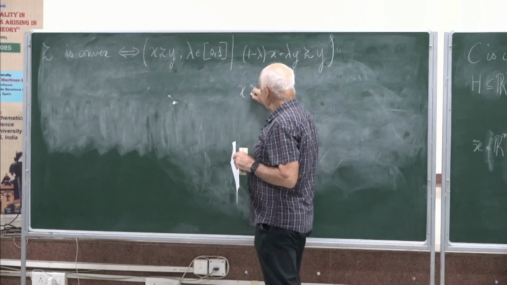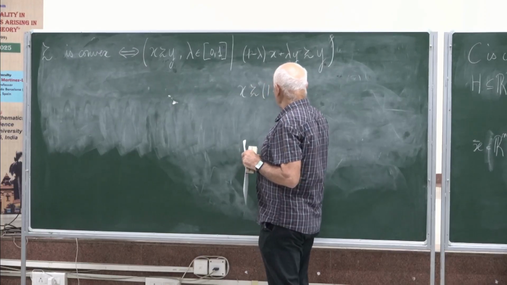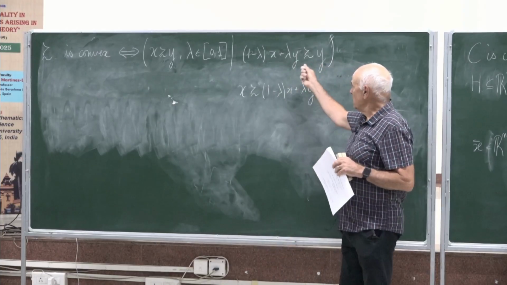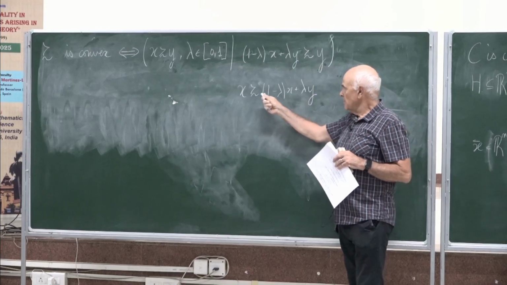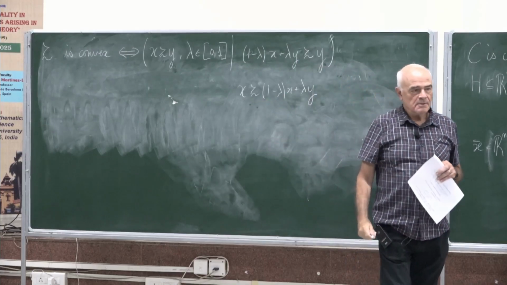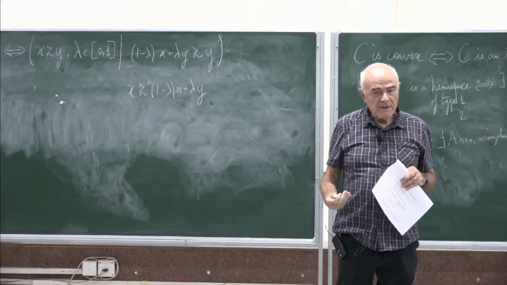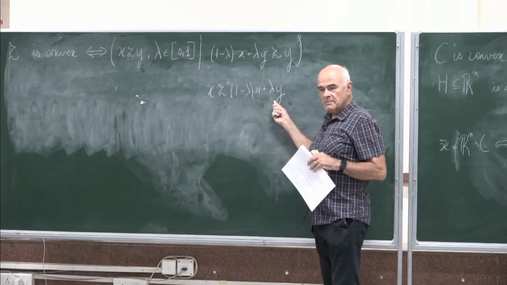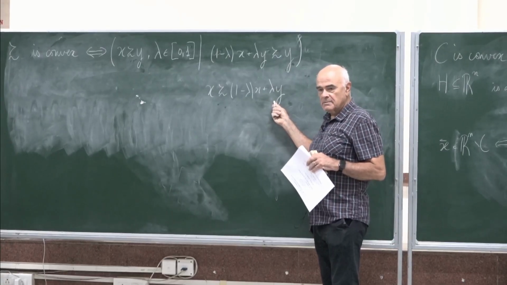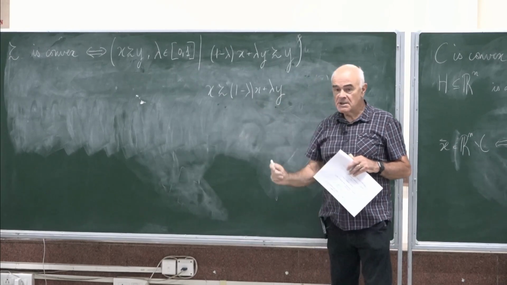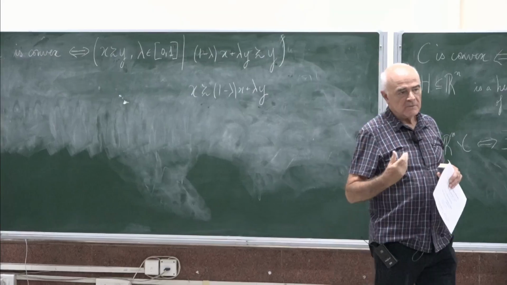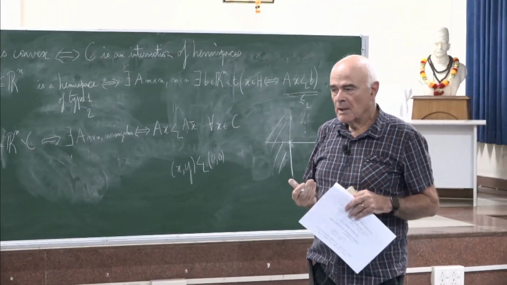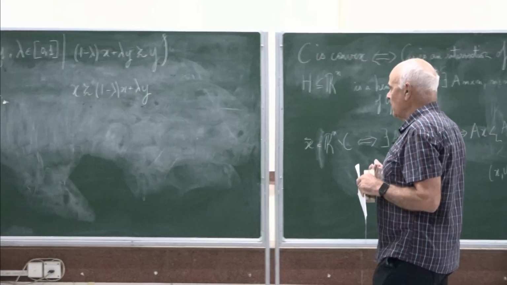To say that x is preferred to (1 minus lambda)x plus lambda y. I mean, using the same argument I used here, if x is better than y for me, and if I move towards y, I am worsening, then I should prefer x. This is not true for most reasonable preferences. I will give you one example.